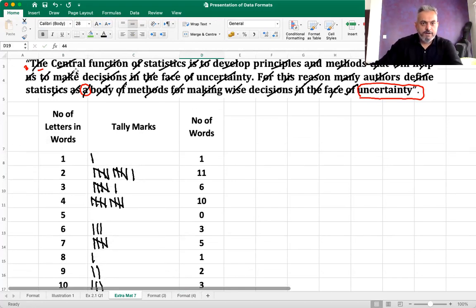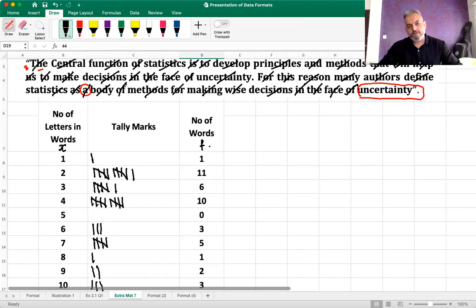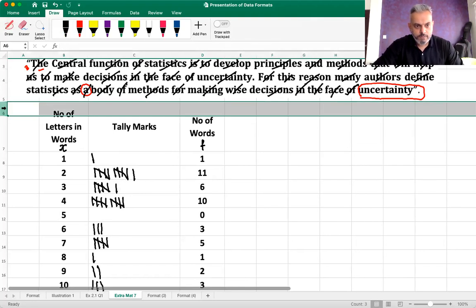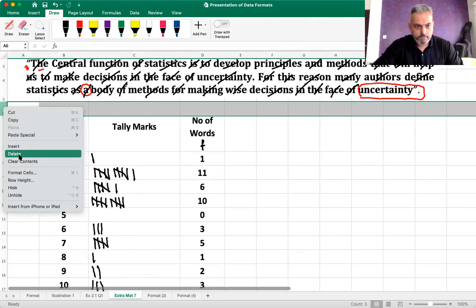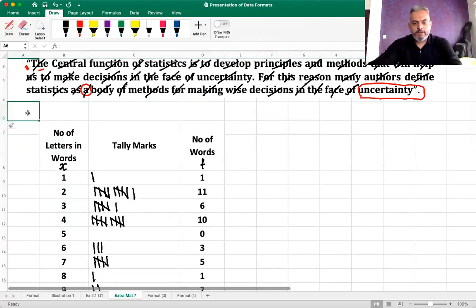Now, the number of letters in the word is our variable, so it is denoted by x, and the number of words, that is the frequency, is denoted by f. Okay.